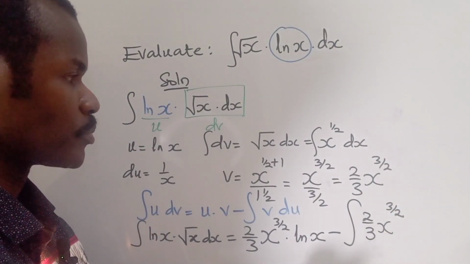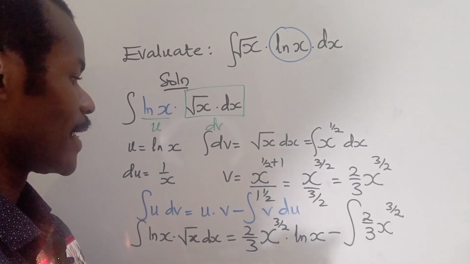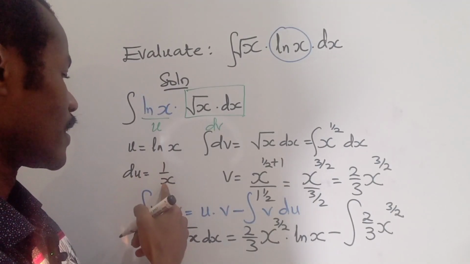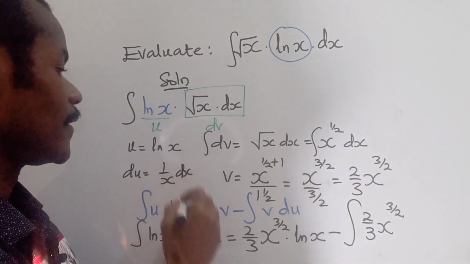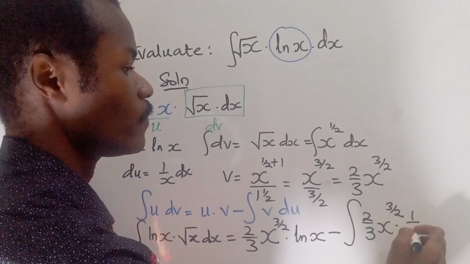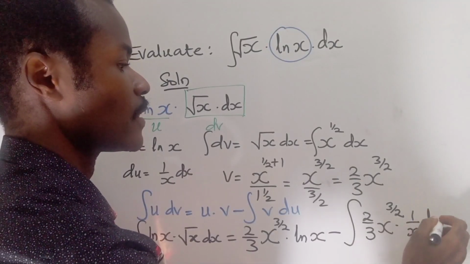And finally, we have our du. What is our du? Our du is 1 over x. So it's simply going to be this multiplied by 1 over x dx.